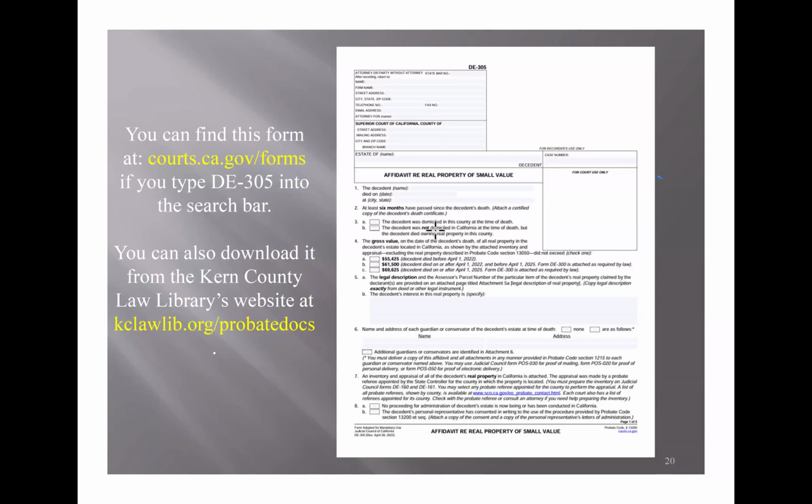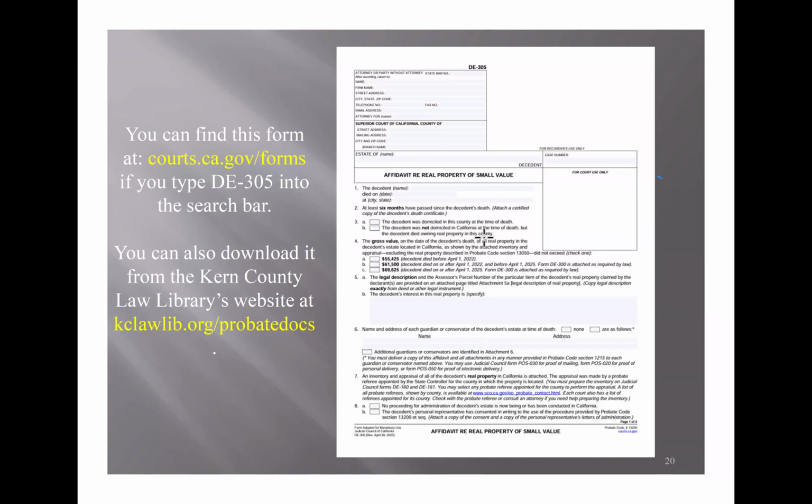Either the deceased was domiciled, meaning having their permanent residence, in the county at the time of death, and then you check box A, or you check box B if the decedent was not a resident of California at the time of death, but owned property in Kern County.